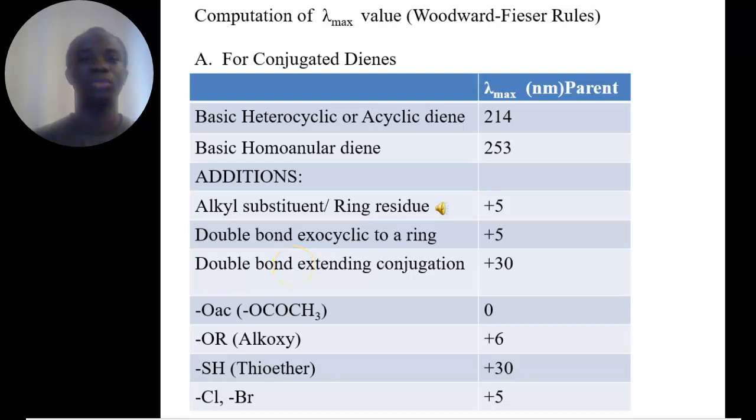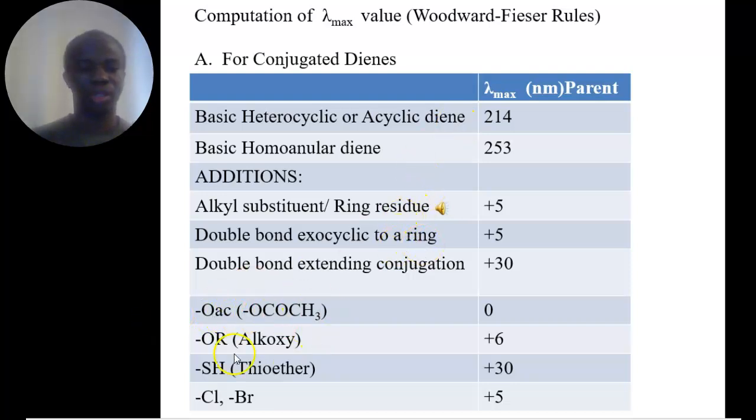And I mentioned in the previous video that for you to have double bond extending conjugation, it means that you are having more than 2 double bonds. So for each double bond extending conjugation, you add 30 to this basic value. I'm going to show an example on that.